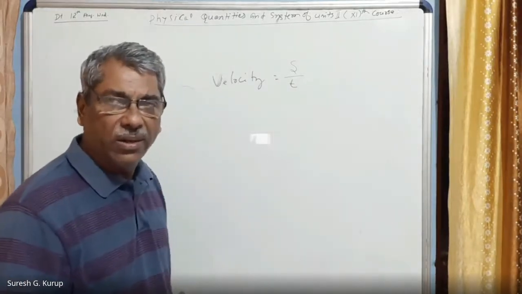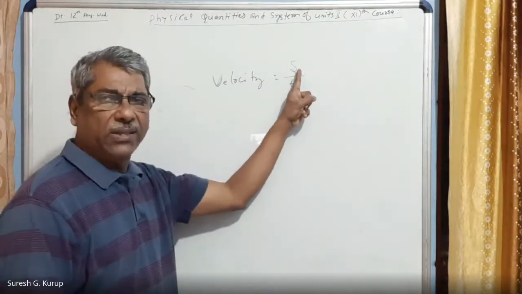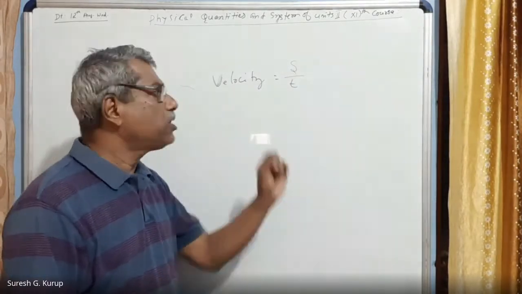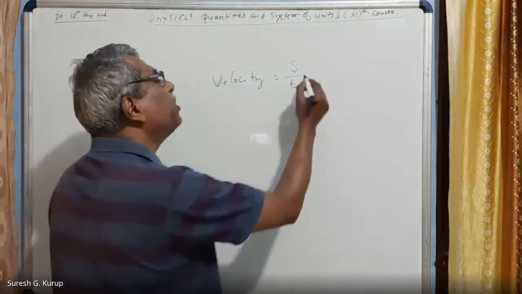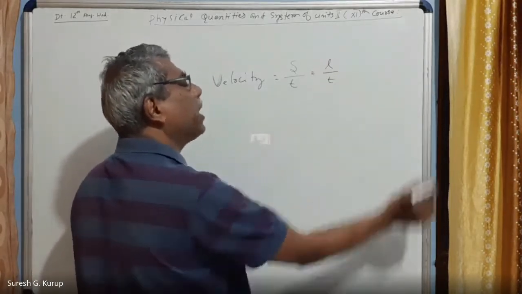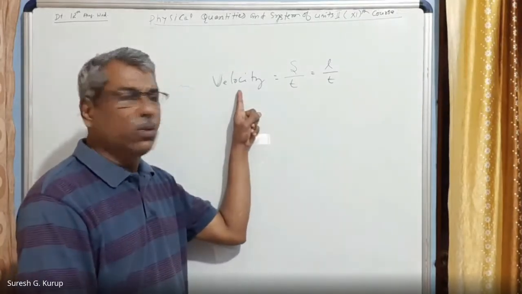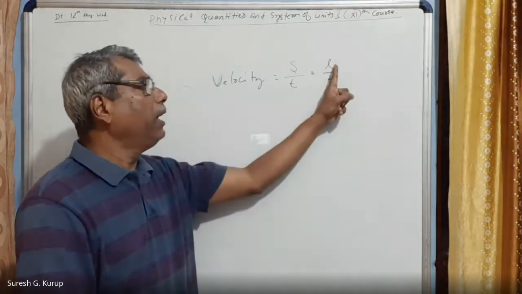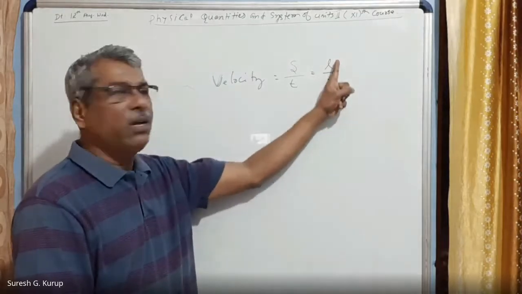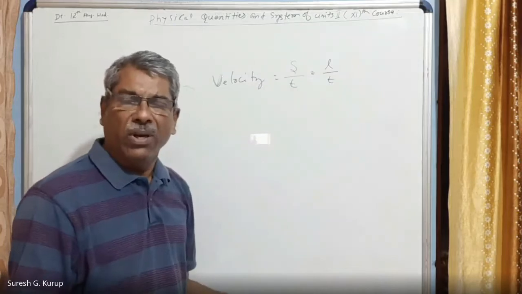But by S we mean displacement. So displacement is a length only, divided by time. Why is velocity a derived quantity? Because velocity depends on length and time. What is length? Length is a fundamental quantity. What is time? Time is also a fundamental quantity.